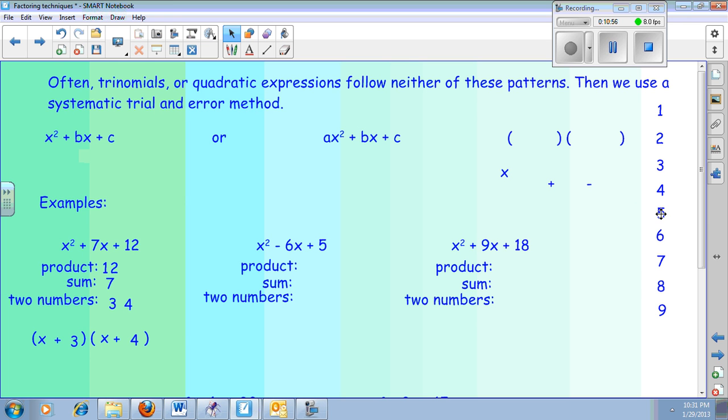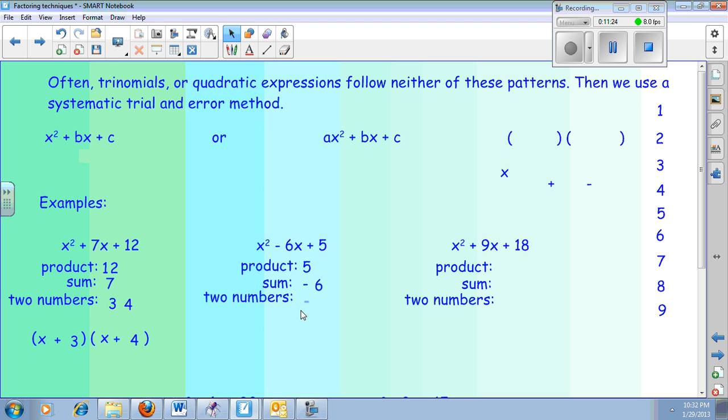So the product is 5, and the sum, this time, I'm going to take the sign with the number and make it negative 6. So we're looking for two numbers that multiply and give you 5 and add to give you negative 6. So if we're going to add the numbers to get negative 6, they have to be negative.